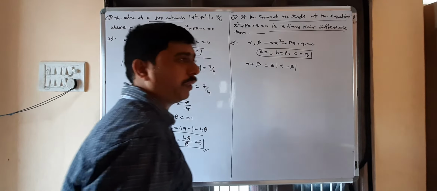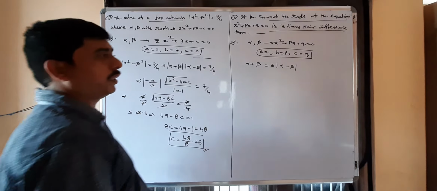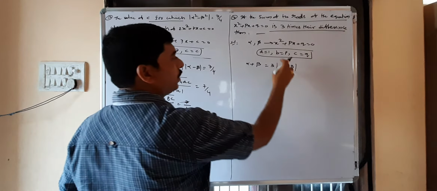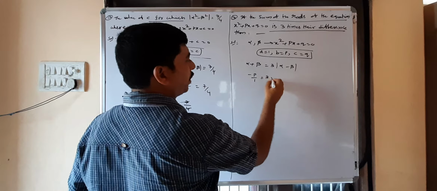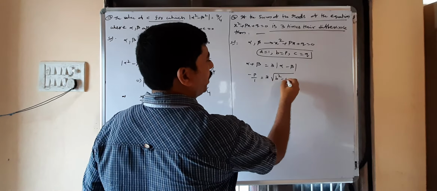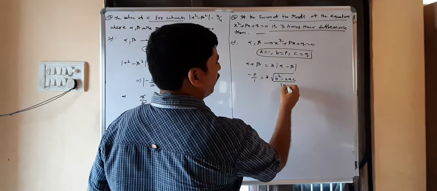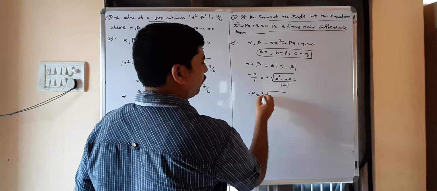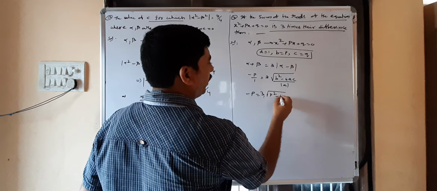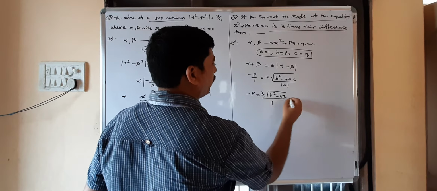We don't know whether alpha is bigger or beta is bigger. That is the reason we have taken the modulus. Substitute: minus b by a, minus p by 1, equal to 3/10 of root of b square minus 4ac by mod a. Minus p equal to 3/10 of root of b square, that means p square minus 4q, by mod a, that means 1.